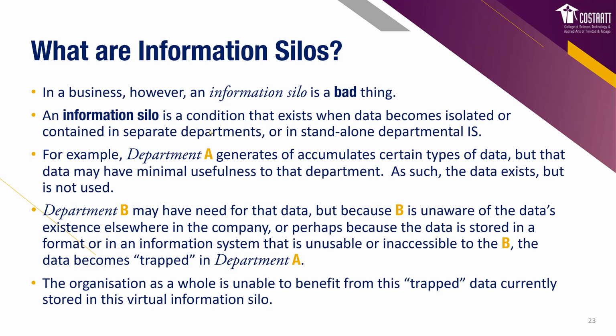The organization as a whole is unable to benefit from this trapped data, which is currently stored in this virtual silo, this information silo. So you see why information silos are bad.